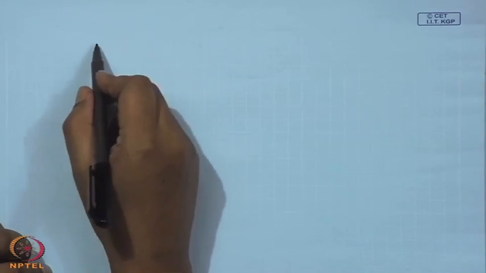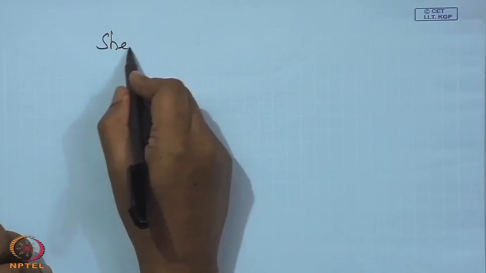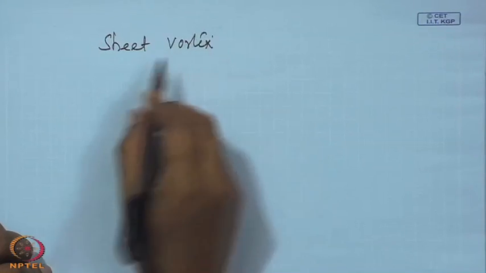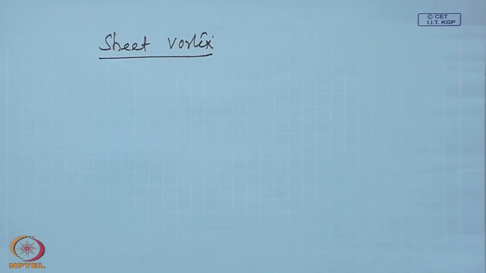Okay, now let us consider another very important thing, the sheet vortex. That is, we have let us say an infinite sheet on which there is a concentration of vorticity and everywhere else it is 0.